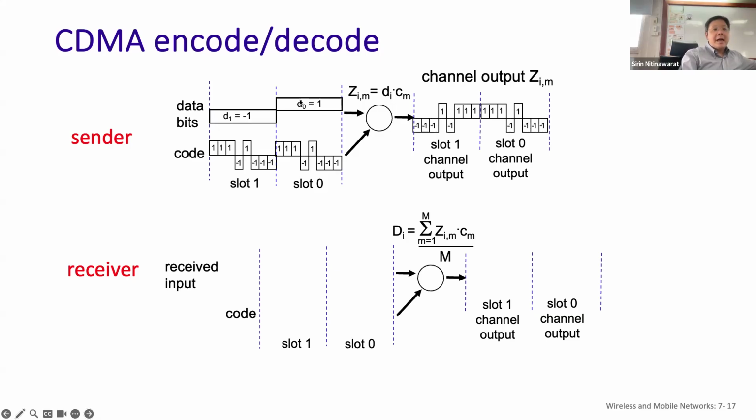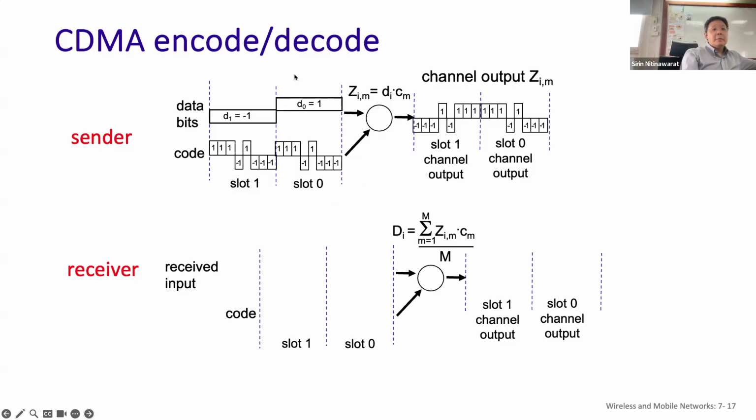This could be for bit 1, and when you modulate it, -1 could be for bit 0, right? So in CDMA, the sender will not send this directly to the channel, but rather it will modulate it with the code first. What's the code? This is the code.